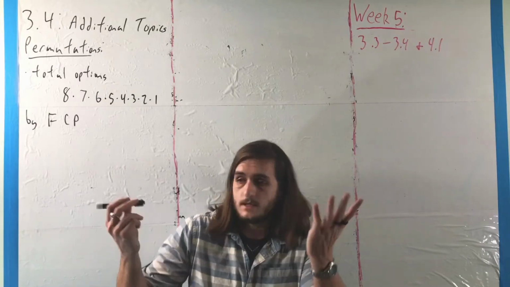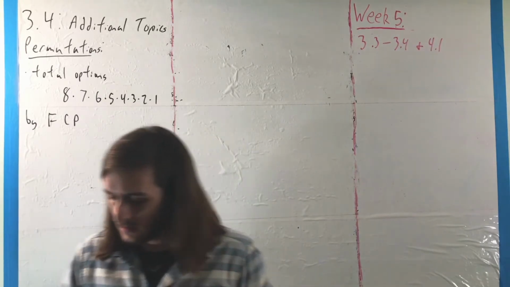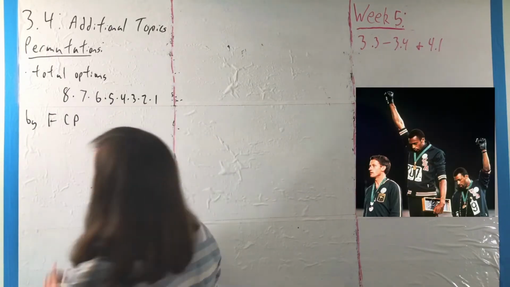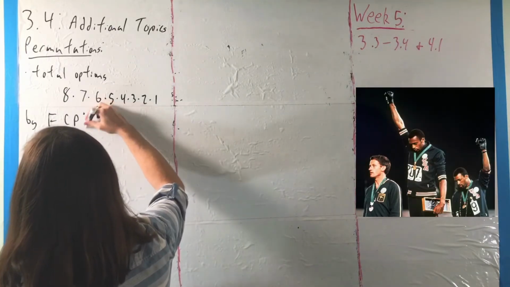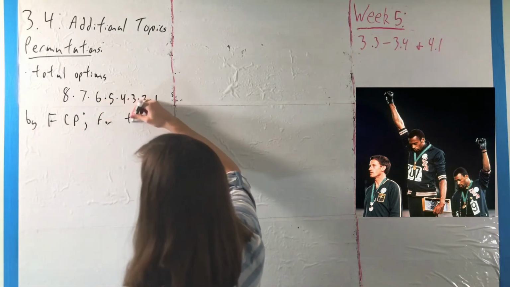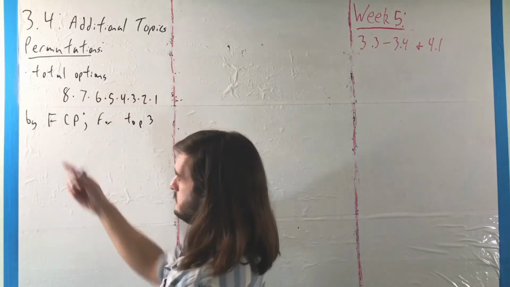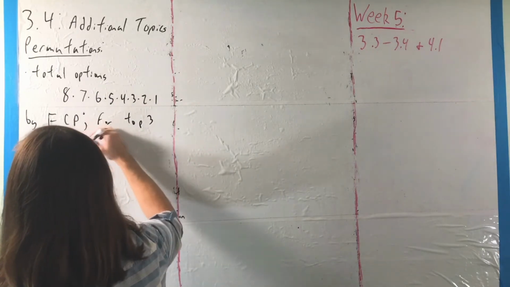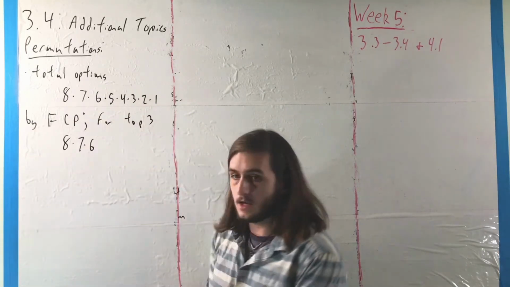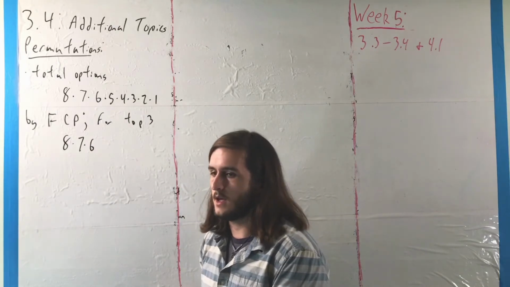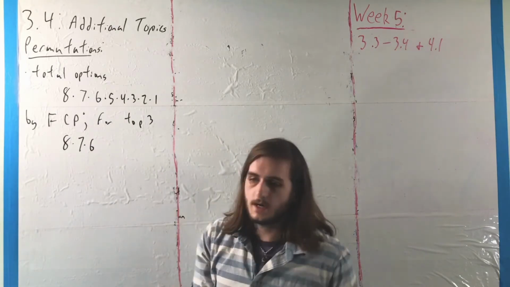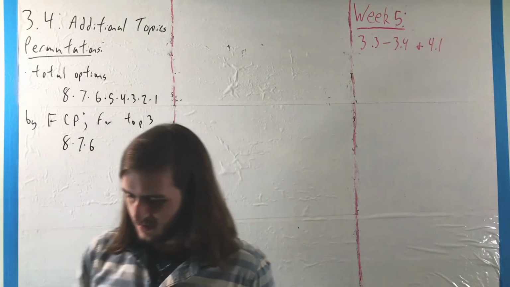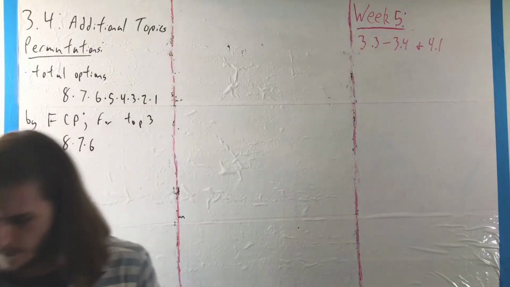But let's say that instead, for whatever reason, you also want to think about who might come in the top 3. Well, for the top 3, it's really just these guys up here, because you've got 8 for the first, 7 for the second, and 6 for the third. And if you wanted a number to attach to these, because people like numbers, I guess, this isn't a math class, right?